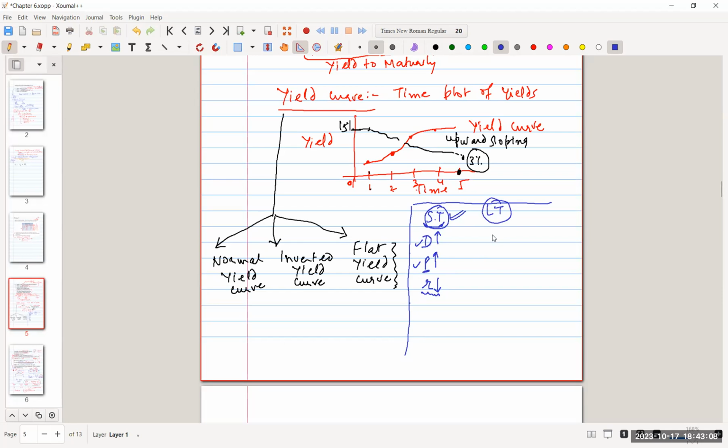So relatively speaking, there's not much demand, or the demand for the long-term one falls. So the price falls. And because prices and interest rates have an inverse relationship, the rate of interest on such instruments will be high. Well, it's okay, we say that, but there's an intuition behind it.